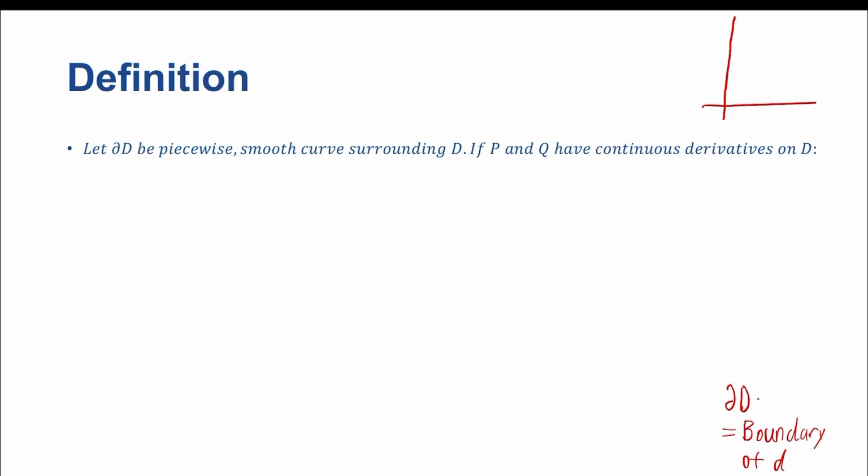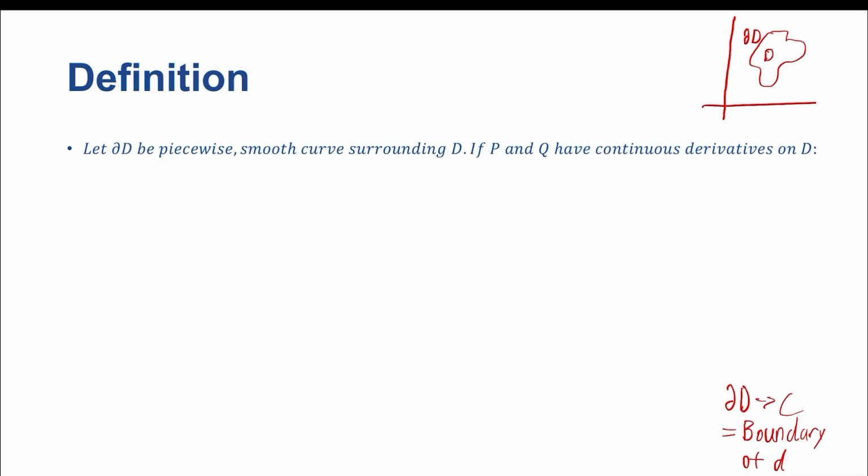So in our context, that would be some curve C. Let's say that the boundary of D is piecewise and smooth. So it is continuous, and it can be piecewise too. So let's consider it's piecewise and smooth, and it surrounds some domain D. So we have some domain D in our plane, and we have some boundary partial D, and then we have some domain capital D.